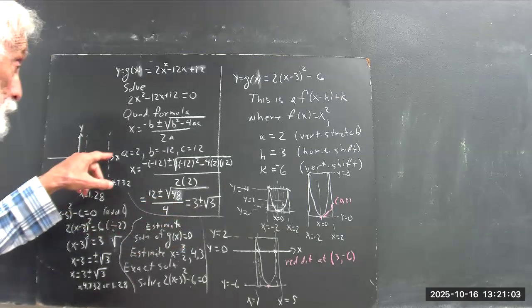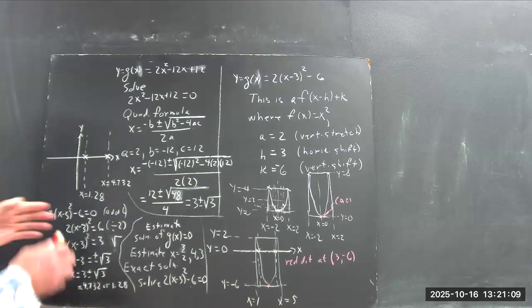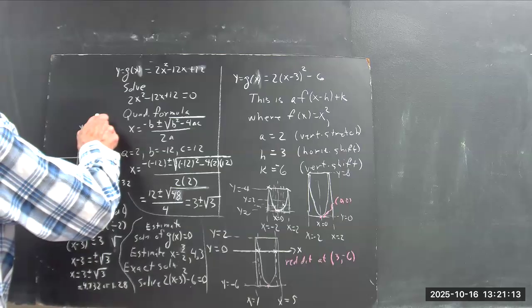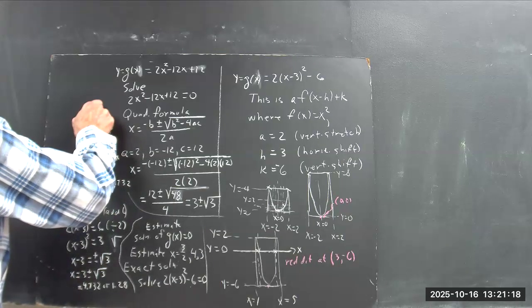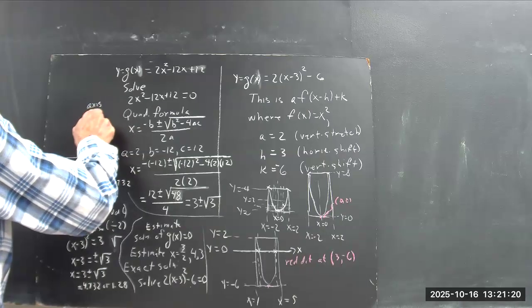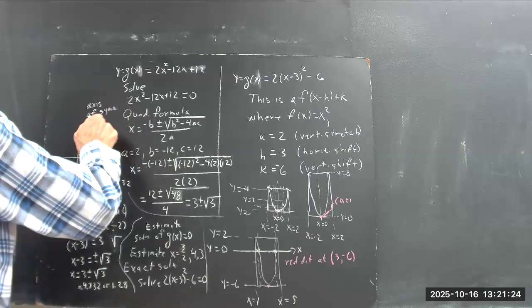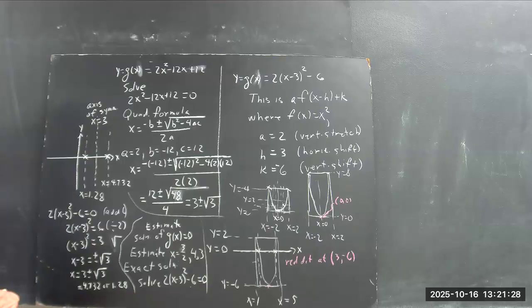Because the axis of symmetry has to be halfway between the zeros because things are symmetric about that axis. The zeros have to be the same distance on either side of the axis of symmetry. Okay.